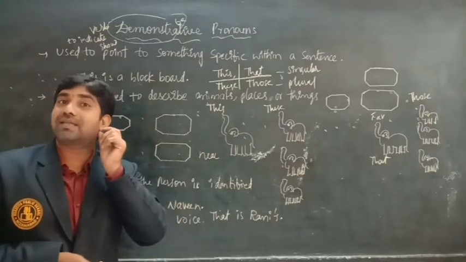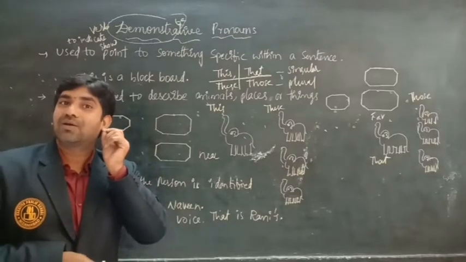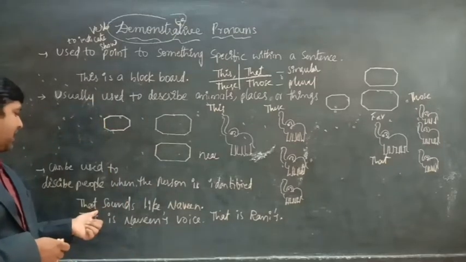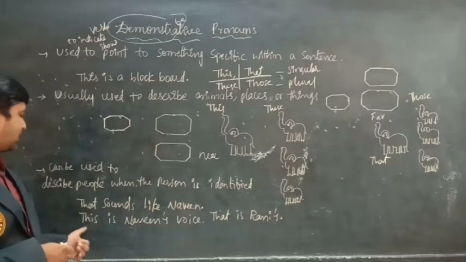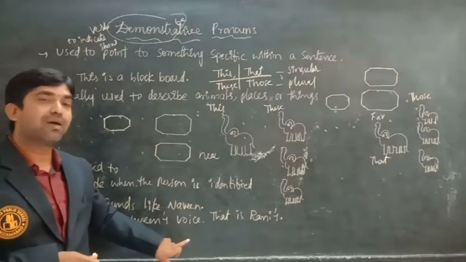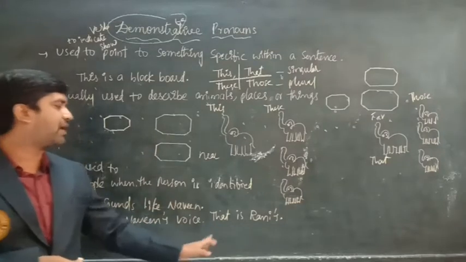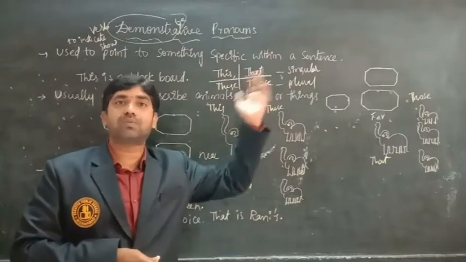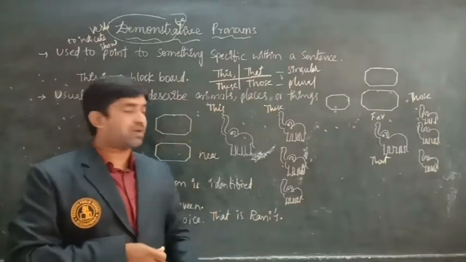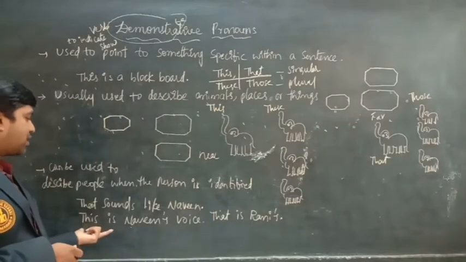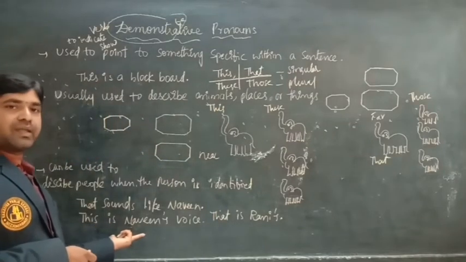Here I am listening to the voice. Rajesh. Who is this? That sounds like Naveen's voice. This is Naveen sir's voice. In the same way, that is Rani's voice. Okay? So we are using that with the names.